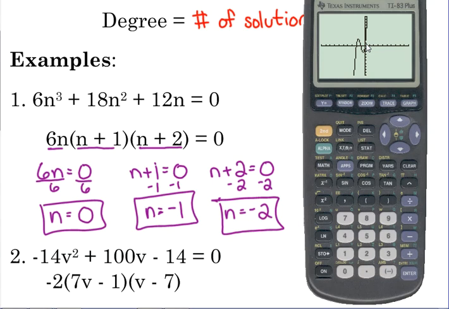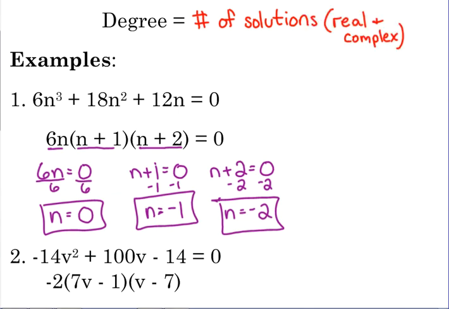You've got to connect x-intercepts with solutions to the equation. I already told you that you needed to know. If they ask you for the x-intercepts, if they ask you for the zeros, if they ask you for the solutions or the roots or any of those things, they all mean the same thing. You could graph it and find them. You can work it out by factoring and solving. They all mean the same thing. Okay.